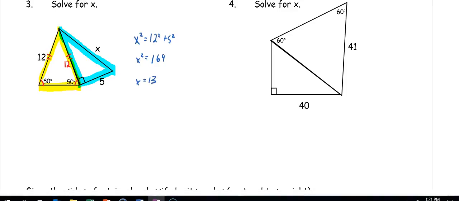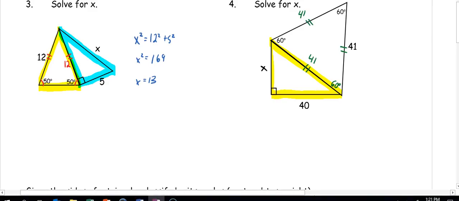In number 4, if I have two angles that are 60, this angle is also going to be 60 degrees, so this triangle is an equilateral triangle, which means all of the sides are 41. Now that I know all of the sides are 41 and I know the hypotenuse, I can use this to find my missing side, which is x.